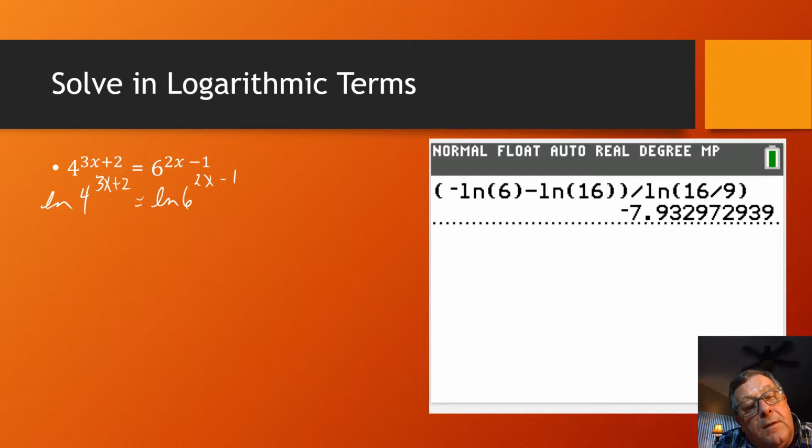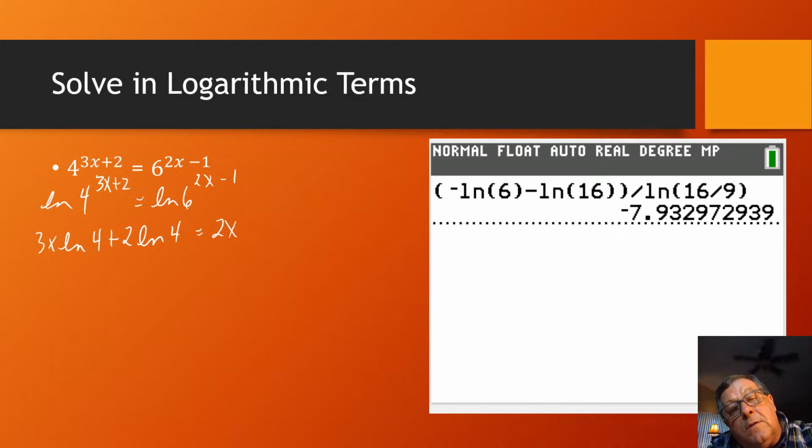So then I've got 3x ln 4 plus 2 ln 4 equals 2x ln 6 minus ln 6.